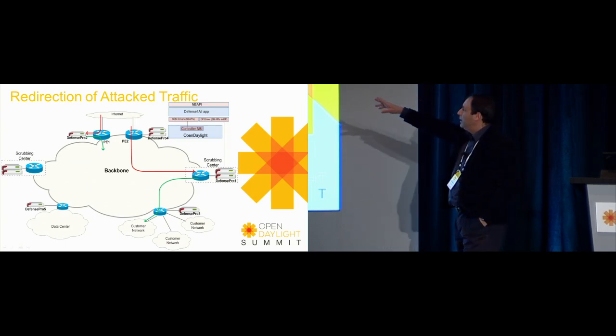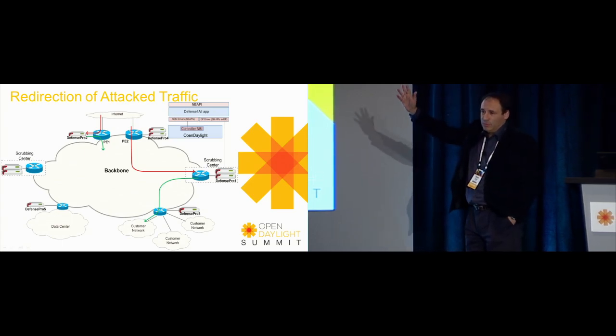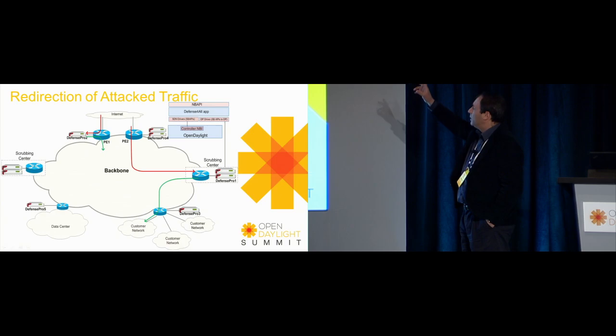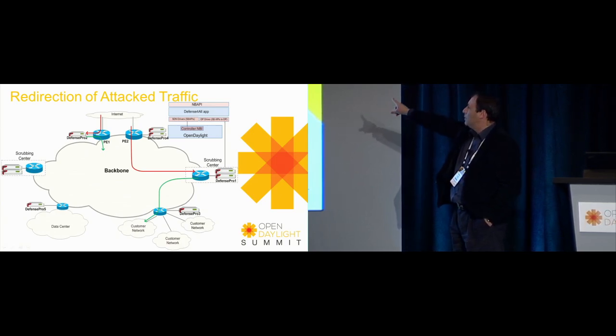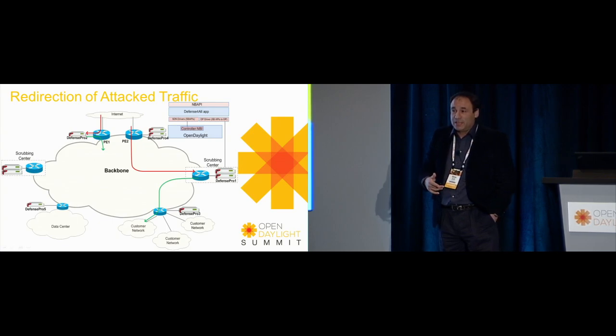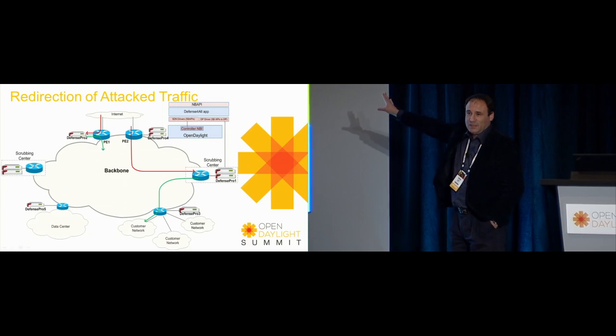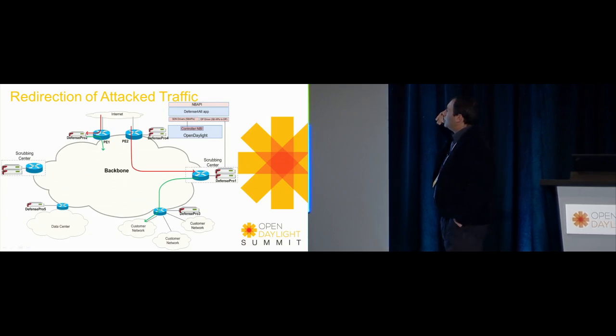And you may have locally connected mitigation devices. In this case, Radware's Defense4All, could be anything. You can also have a remote redirection for larger attack campaigns to scrubbing centers, right? Located somewhere in a scrubbing center containing many Defense4All or any other mitigation devices.